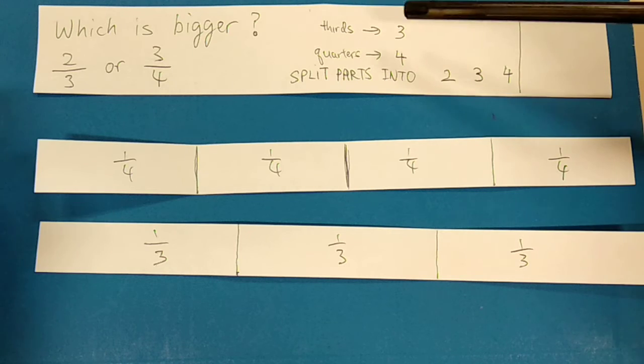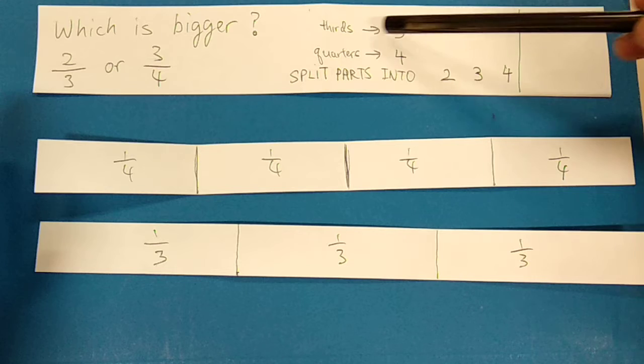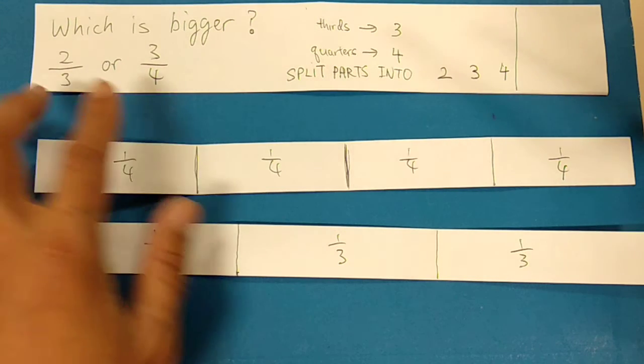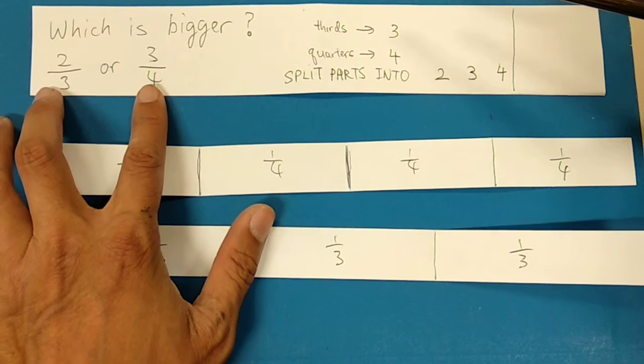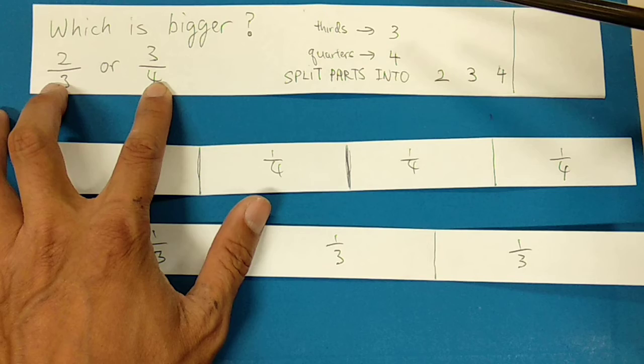So let's take a look at this. All right, I have 3 and 4. 3 is for the thirds and 4 is for the quarters. They are from the bottom numbers, or what you call the denominators of the fraction.